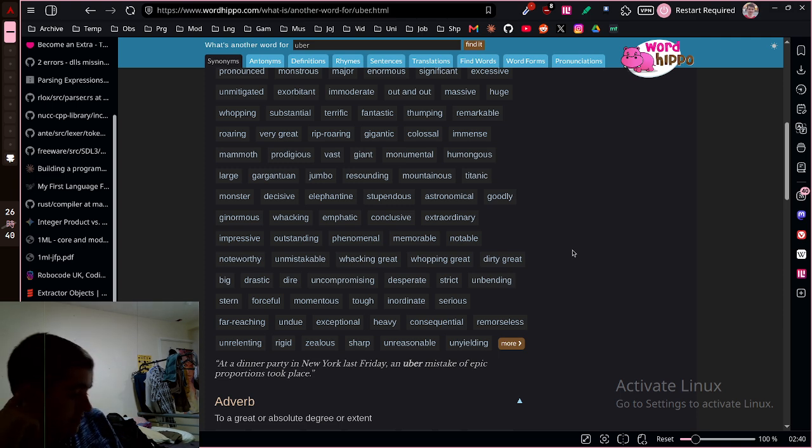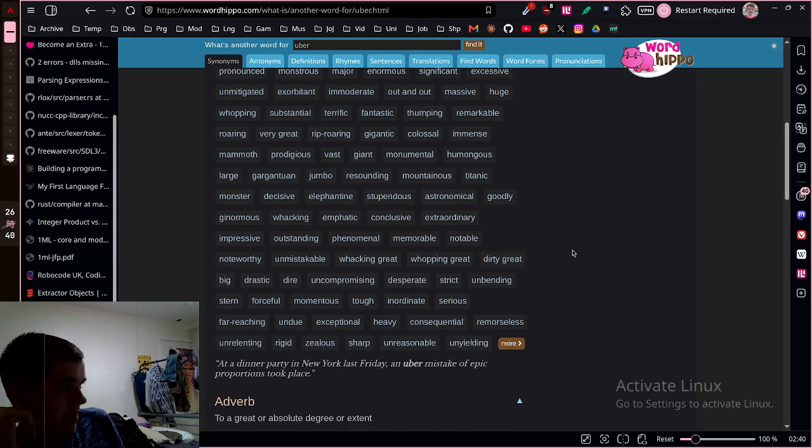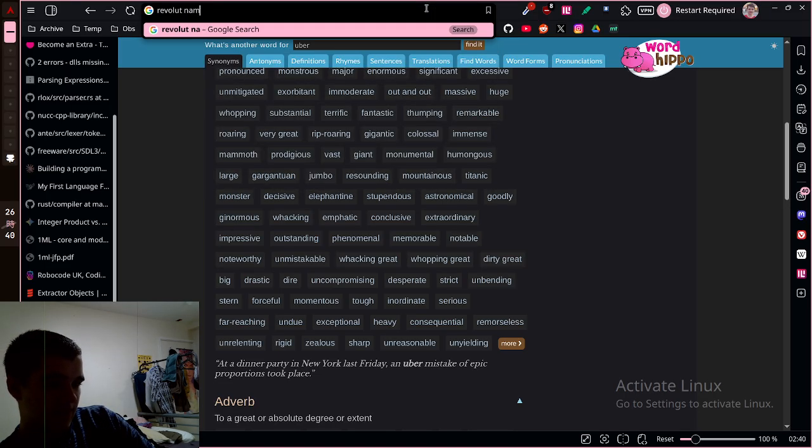Let's keep going. Sex, CX, eBay, Gumtree, Too Good To Go, Calculator, PayPal, Revolut. Revolut namesake maybe.